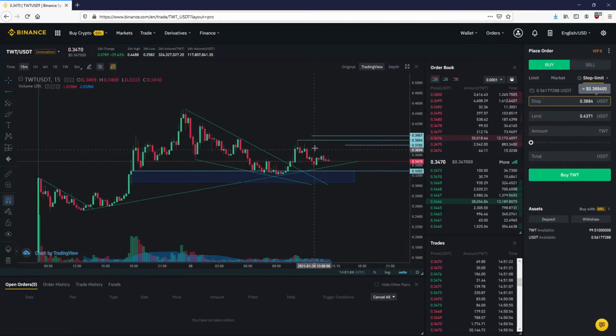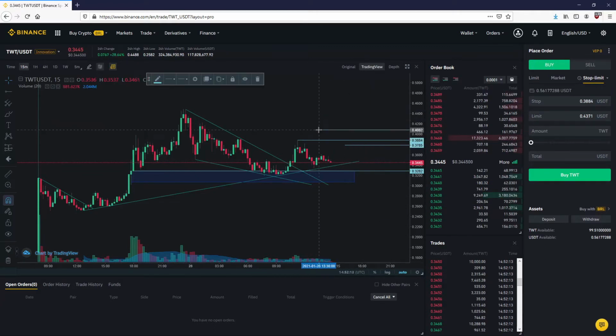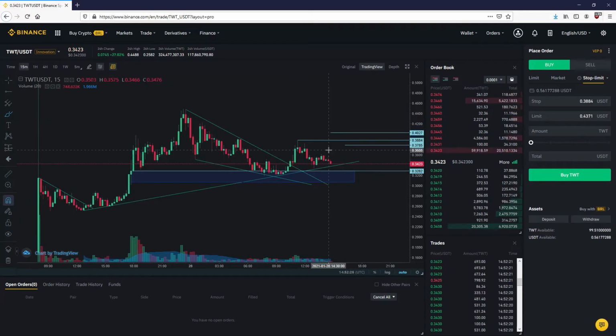And if you believe the moment price breaks this level, price will continue to rally to the upside, then you should place your order into the order book and fill your order before it continues upward. That means your limit price will be the price line at which you wish to buy, either here or here, but ensure that there is some space between the two so that your order can easily be filled, because most times price will break it and rally up instantly with very fast momentum.